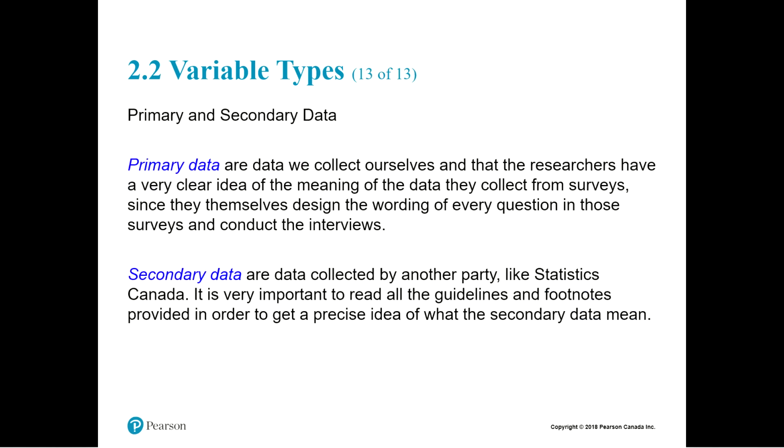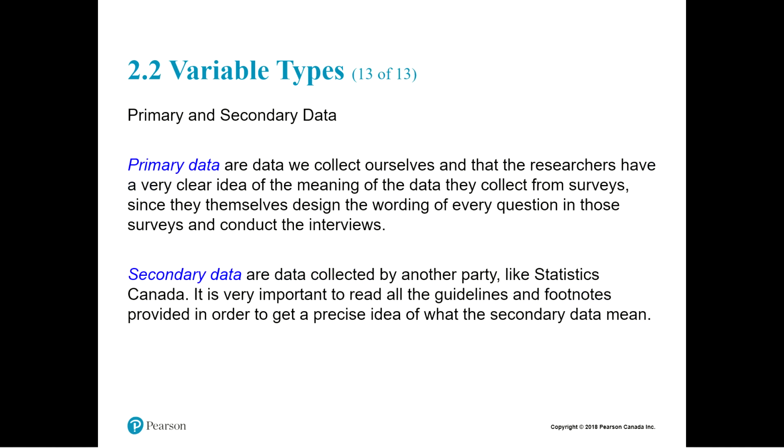Now we have primary and secondary data, which we already saw and studied in other courses. Primary data are data we collect ourselves. Researchers have a very clear idea of the meaning of the data they collect from surveys, since they themselves design the wording of every question and conduct the interviews. So what you did was primary data when you did your survey.